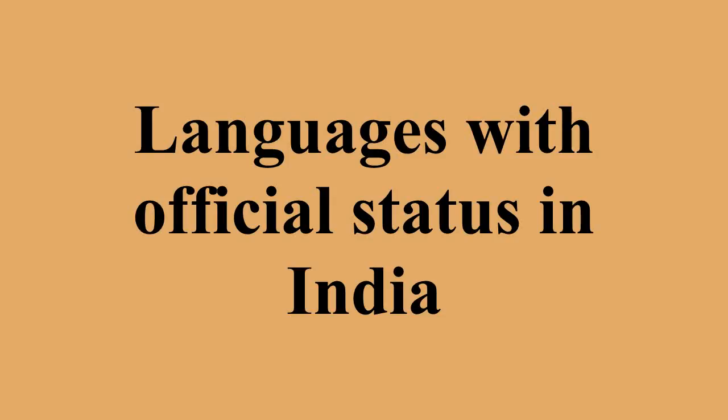The Indian Constitution, in 1950, declared Hindi in Devanagari script to be the official language of the Union. Unless Parliament decided otherwise, the use of English for official purposes was to cease 15 years after the Constitution came into effect, i.e., on the 26th of January 1965.